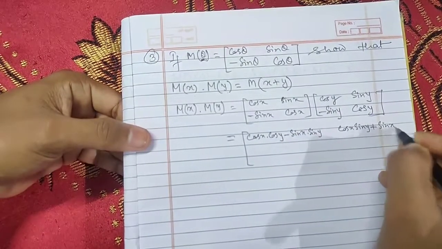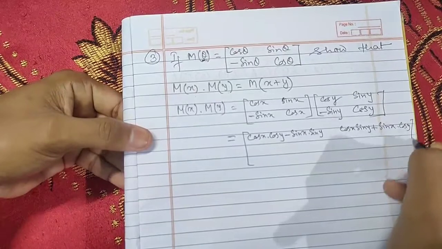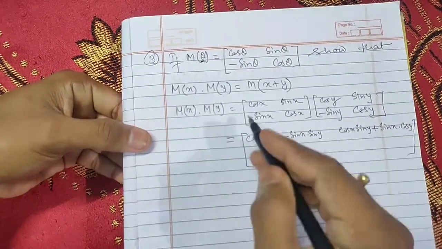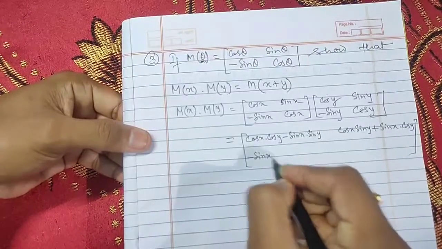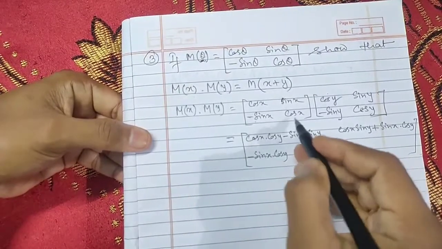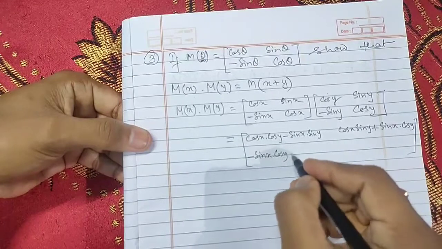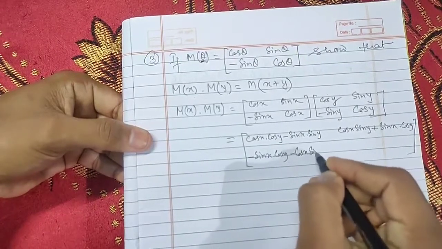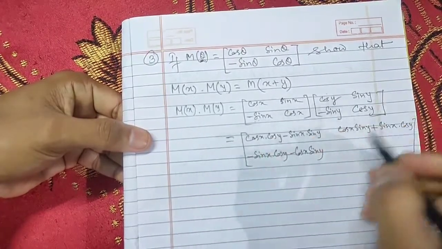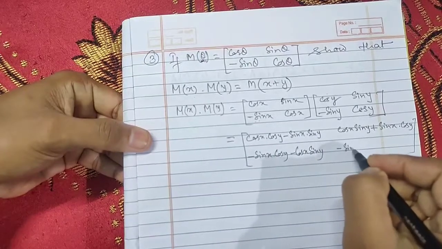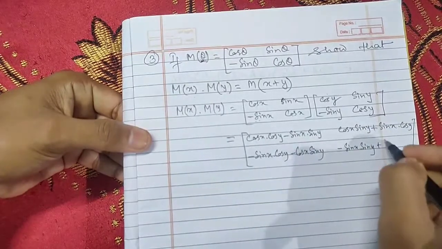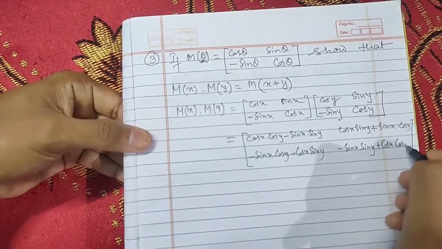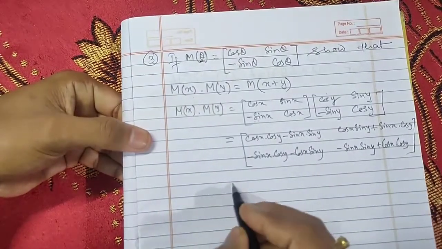Then minus sin x cos y, minus cos x sin y, and minus sin x sin y plus cos x cos y. So this is coming.